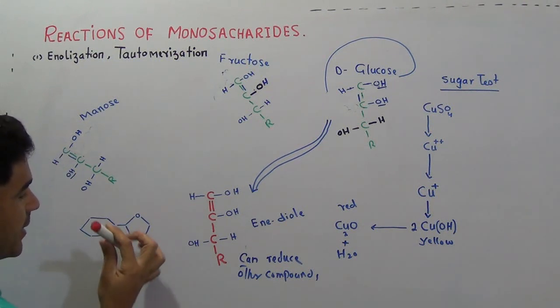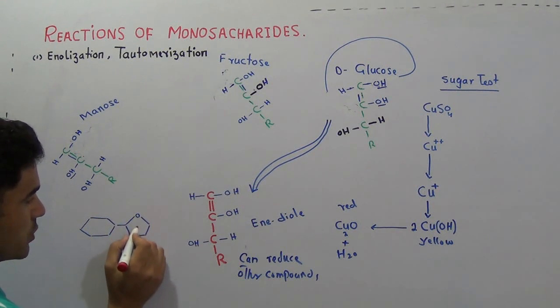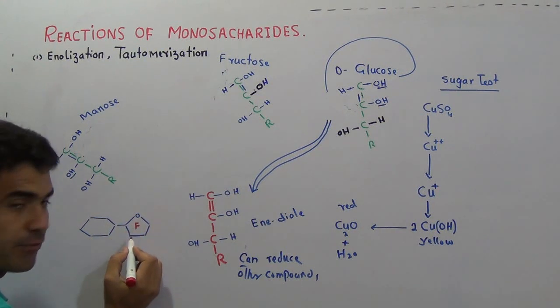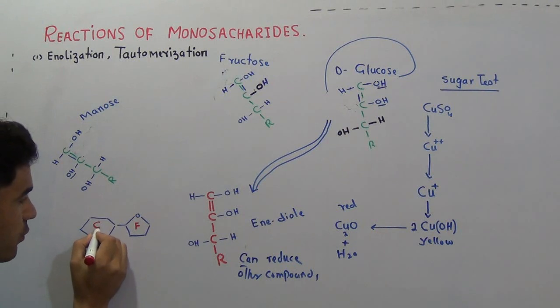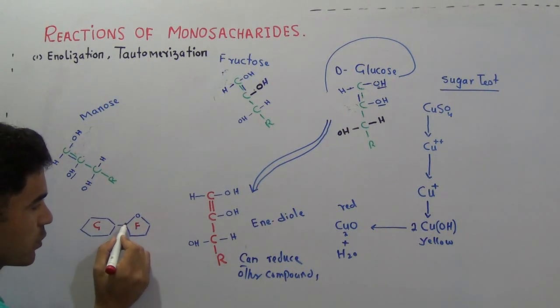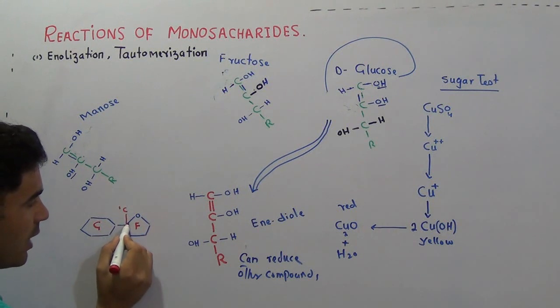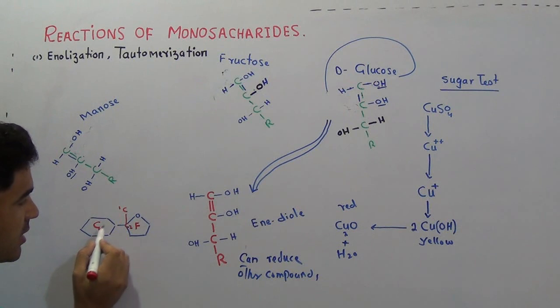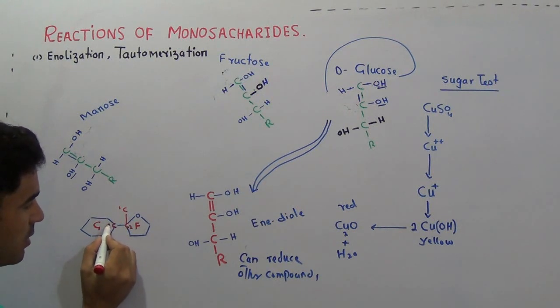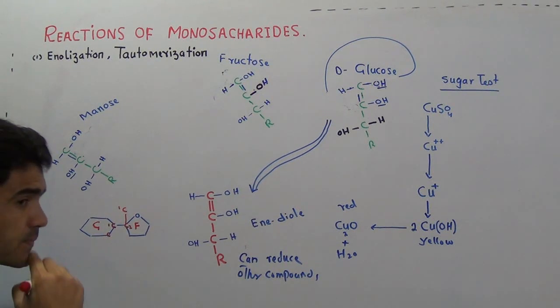It is one fructose, one glucose. Now if you see here, I'm writing F for fructose and G for glucose. In case of fructose, the carbon number 1 is outside the ring, while carbon number 2 is inside the ring. In case of glucose, this is carbon number 1 and 2.